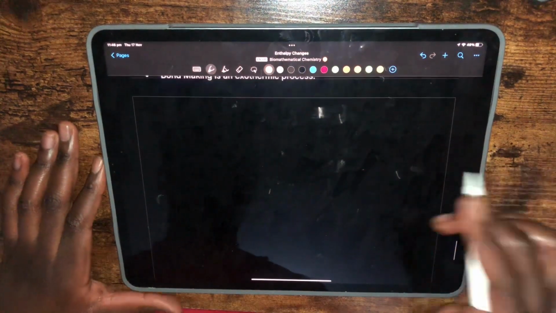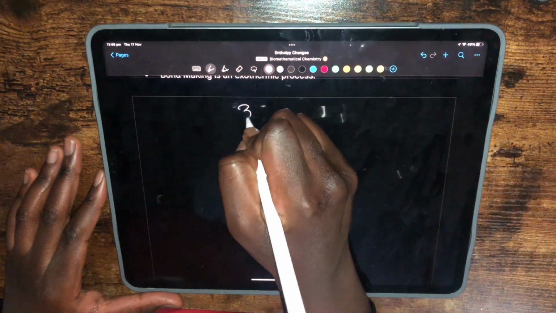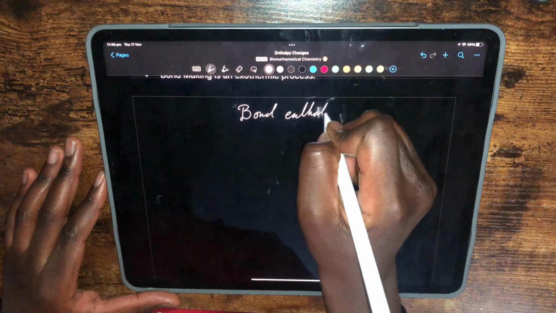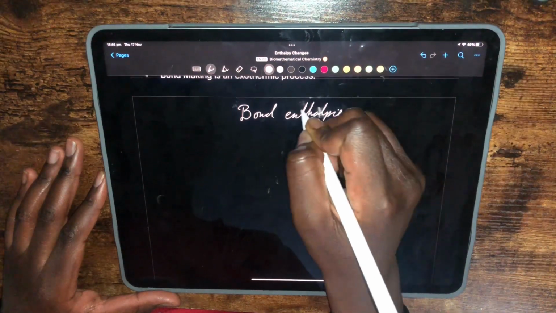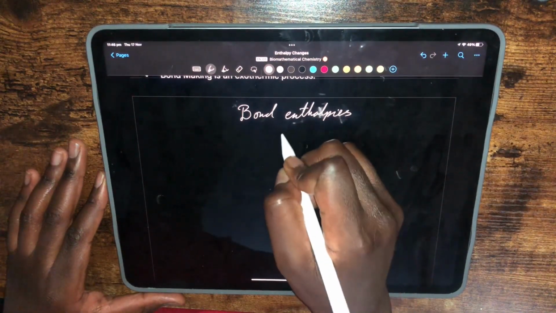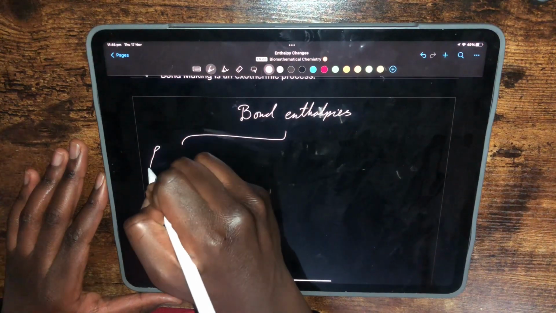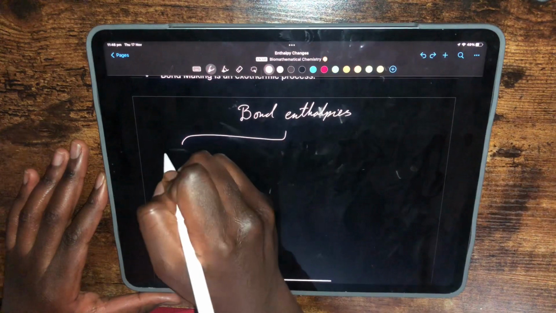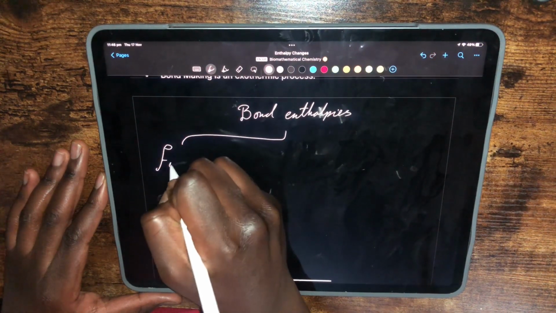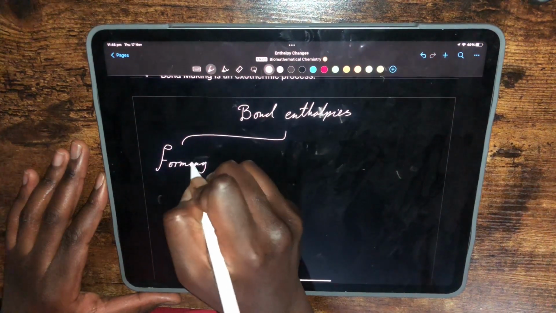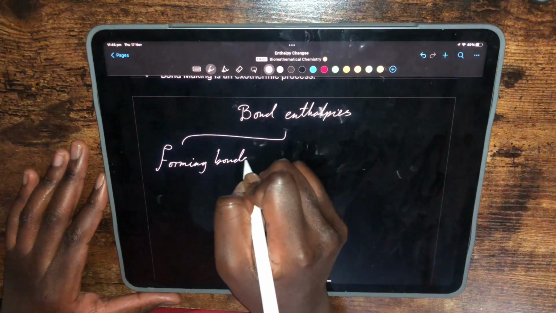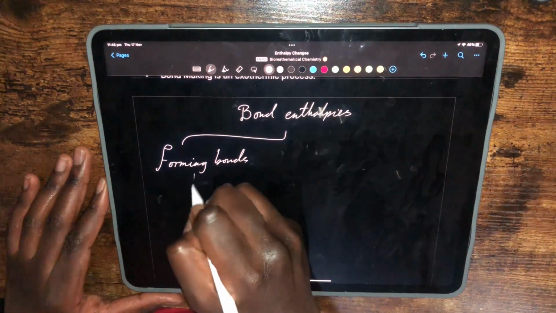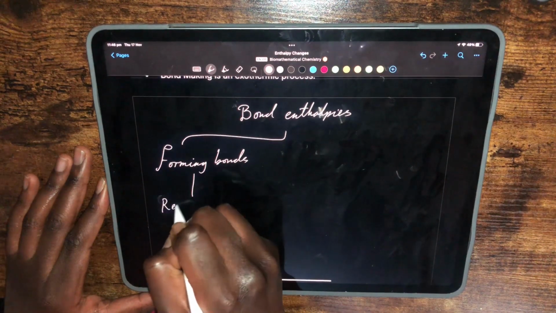Alright, so bond enthalpies. So just to sum up this whole video, forming bonds releases more energy than it takes in. Remember, it's a net, so it releases more energy than it takes in.